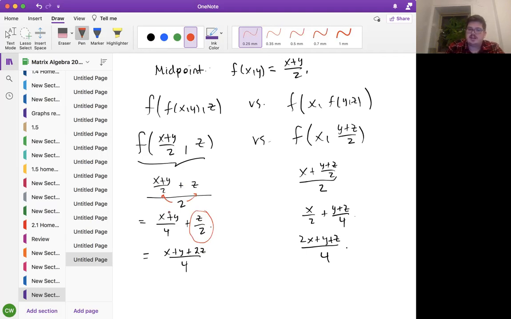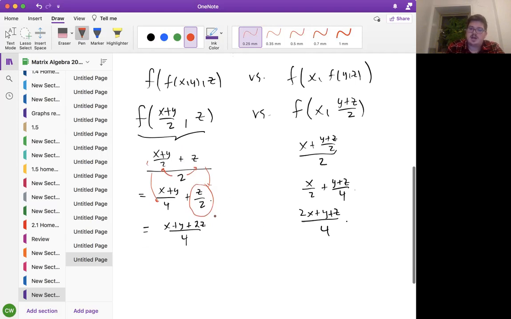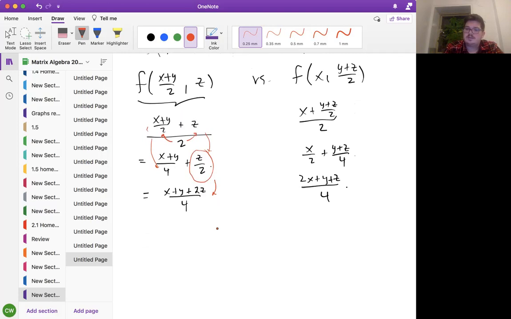So this gets divided by 4, and this gets divided by 2. Oh, the next part, I'm doing common denominator, right? Common denominator is 4. So if I multiply z over 2 by 2 over 2, I get 2z over 4. Right, I get x plus y over 4 plus 2z over 4, and then I combine it. That's okay.